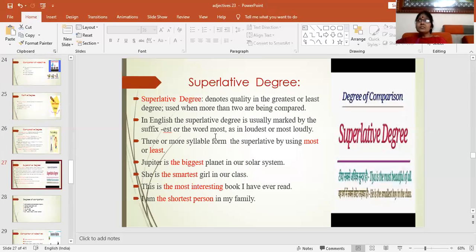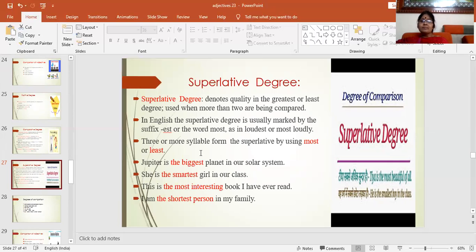Then what is a superlative degree? The superlative degree denotes quality in the greatest or least degree, used when more than two are being compared. In English, the superlative degree is usually marked by the suffix est or the word most, as in loud, loudest, or most loudly.